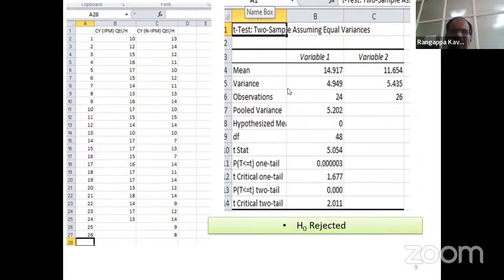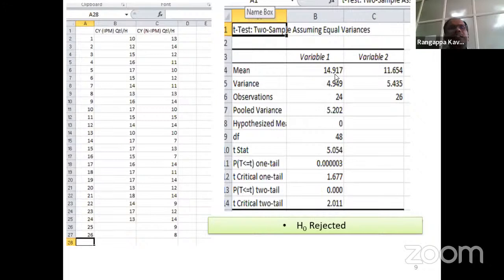For this data, I have calculated the t-value. The t-statistic 5.054 is the calculated t-value, which is intended to test the significance of the difference in the cotton yield obtained by the group of farmers who have adopted the IPM technology and the group of farmers who have not adopted this IPM technology.